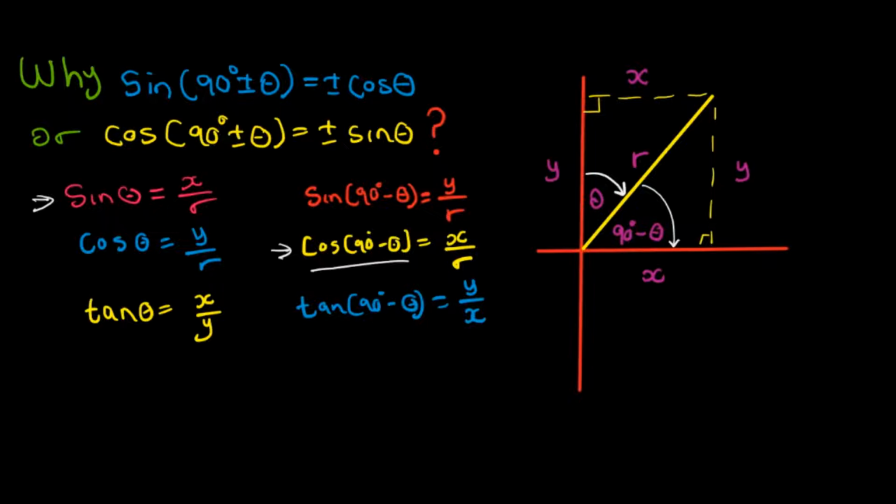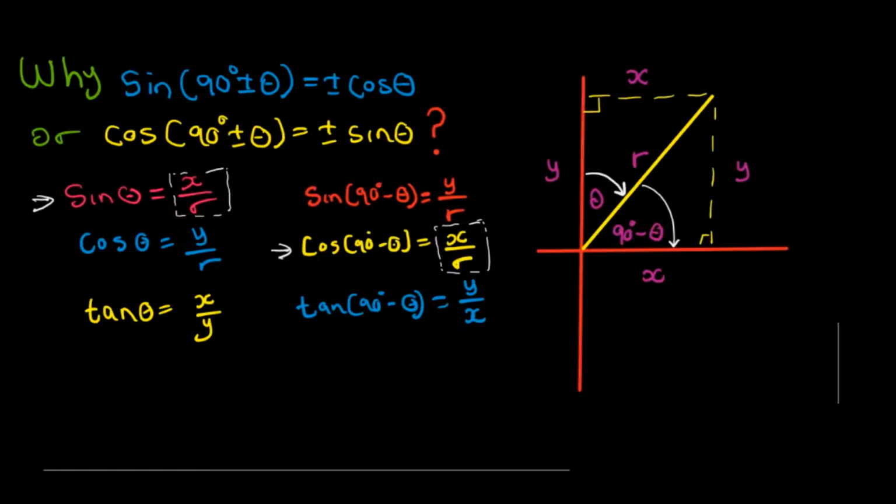Why? Because you are getting the same values, the same ratio, so when you change cos of 90 degrees minus theta, you get sine of theta.